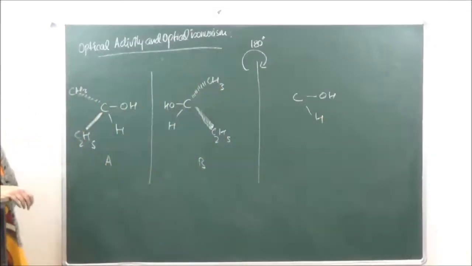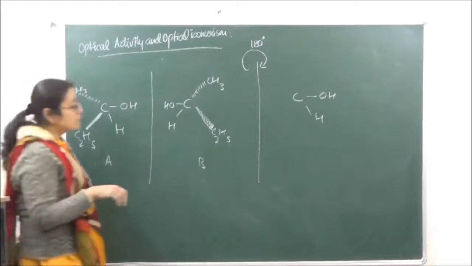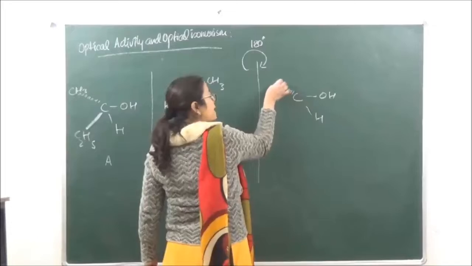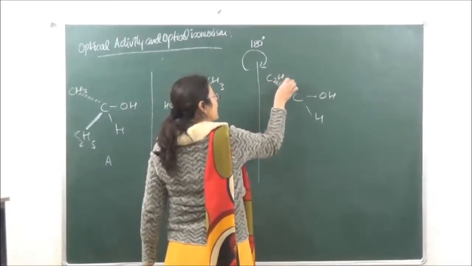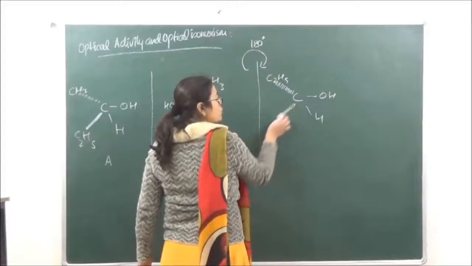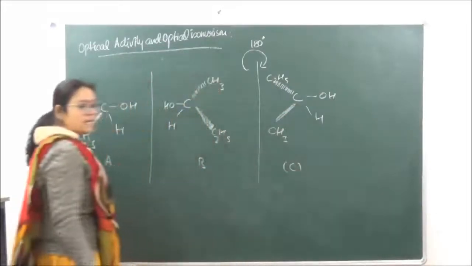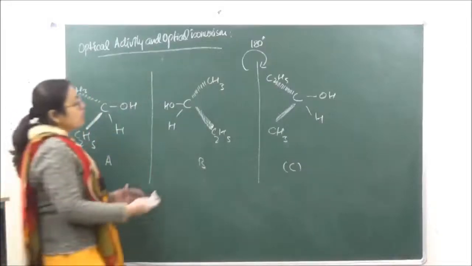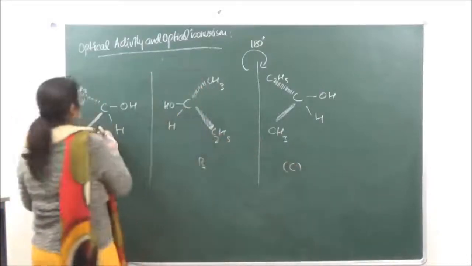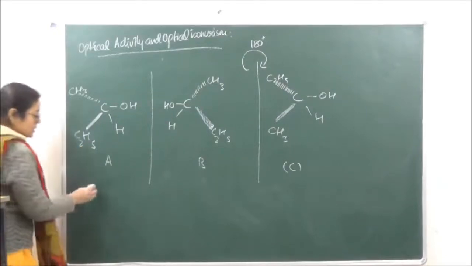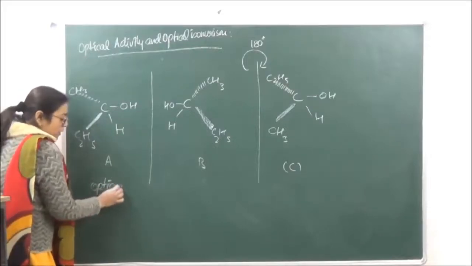And as far as C2H5 and CH3 are concerned, now C2H5 will go at the back of the paper and CH3 is going to point towards you. So let's see, this is C. Now when you put C on A, it is going to form a non-superimposable mirror image, isn't it? So if it is forming a non-superimposable mirror image, therefore this substance is going to be optically active.